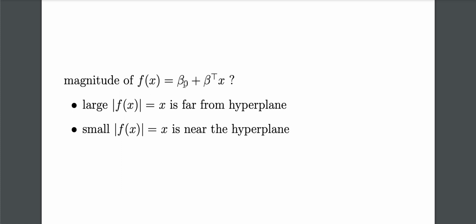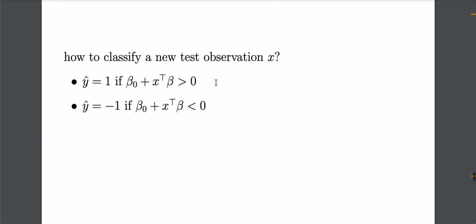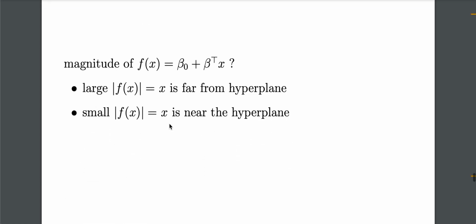So what about the magnitude of this? Is it sufficient to look at the sign of this quantity, or does the magnitude also play a role? Well, we know from our previous discussions about hyperplanes and distances from hyperplanes that the distance of a point from a hyperplane is proportional to this quantity.